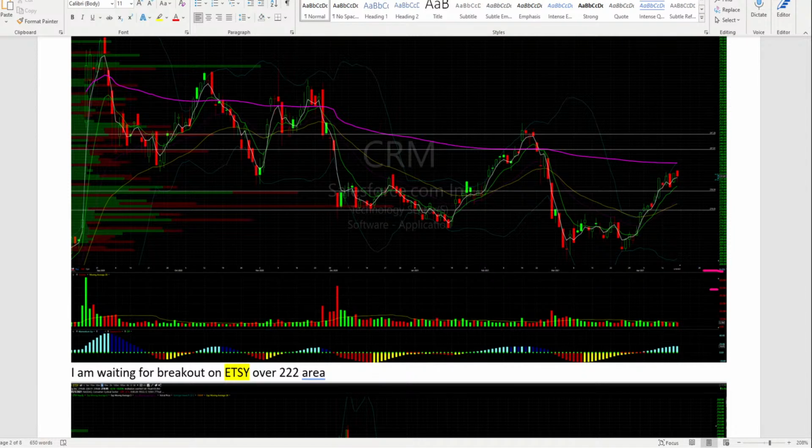Well, the next step in your evolution is if it's working, why not add to it? I'm already green, so let me add to this. Your winnings start becoming exponential, right? Instead of letting one contract ride for that little bit, you're actually adding and you're letting 10 contracts ride or whatever it is, whatever size you're trading. So that's what I'm looking at on CRM.